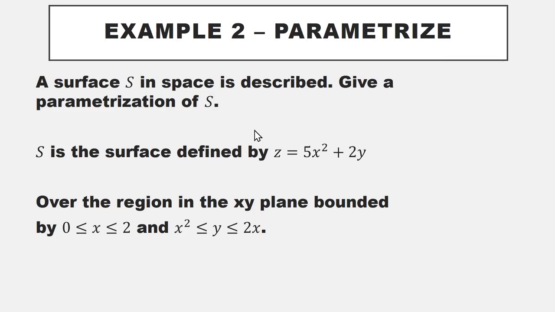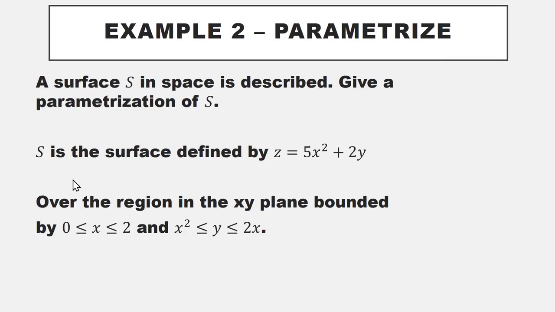Let's do another example. Let's parameterize this surface, that is the surface z equals 5x squared plus 2y, over the region in the xy plane, bounded this time by x from 0 to 2, but y is in between x squared and 2x.